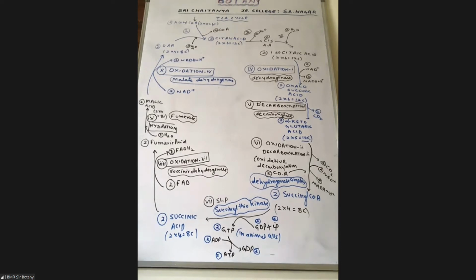That is the only 5 carbon intermediate. It is very important even for IPE, board exam 8 marker possible. Glycolysis, Krebs cycle, every possibility of 8 marker.